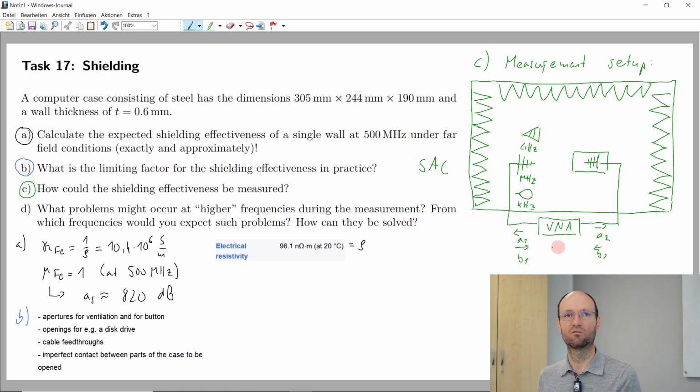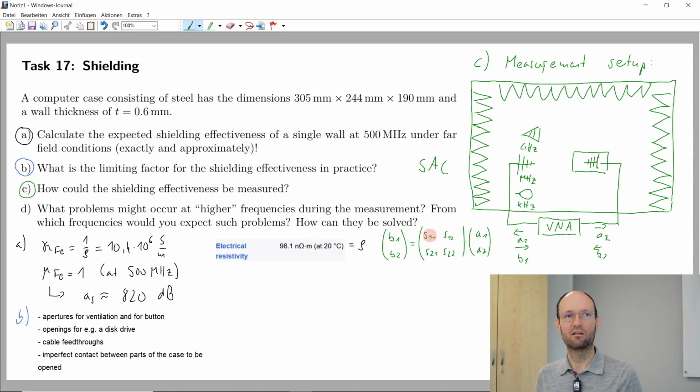From these transmitted and reflected waves we can calculate scattering parameters. They are defined in this way: the reflected waves B1 and B2 we get from the transmitted waves A1 and A2 via these four scattering parameters S11, S12, S21, S22.